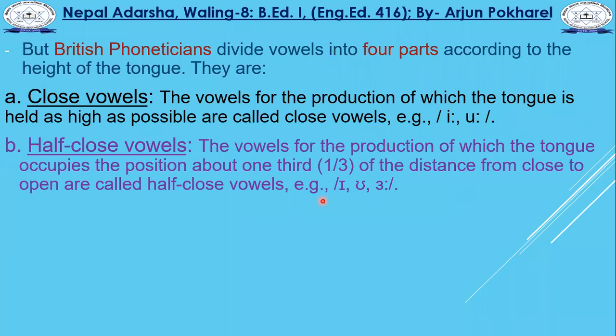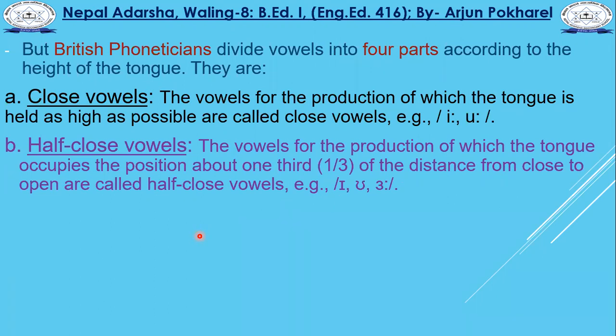The tongue remains almost in the same place while producing these three different vowels.